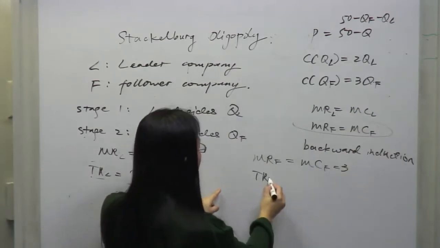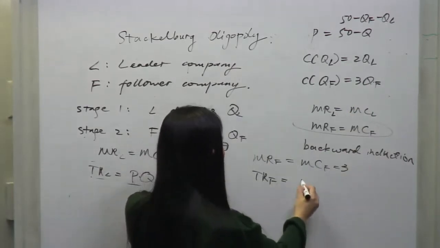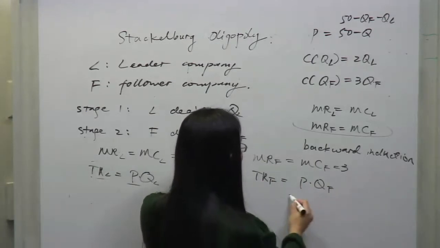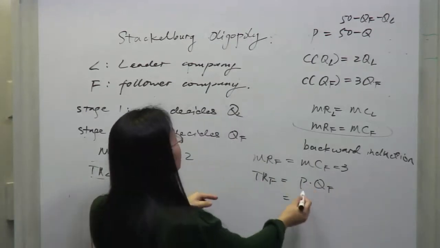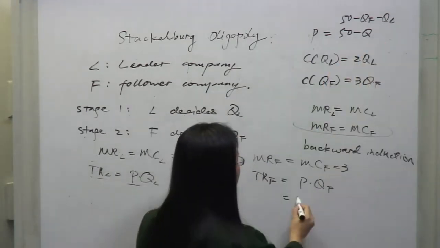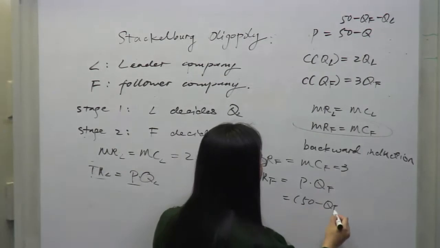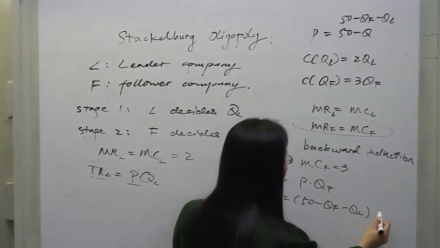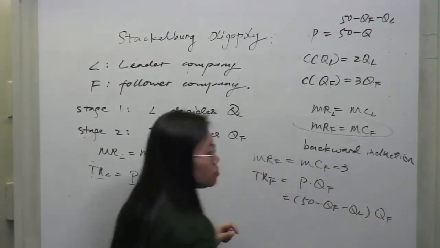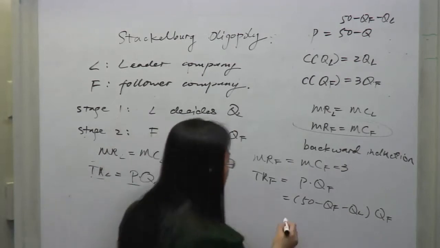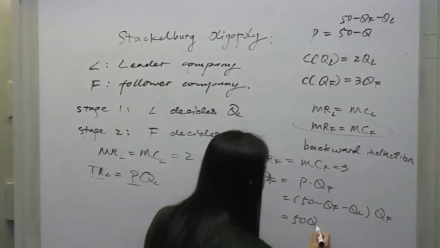The follower's total revenue is equal to P multiplied by QF, right? P is equal to that. So it's 50 minus QF minus QL, multiplied by QF. Then you open the bracket.